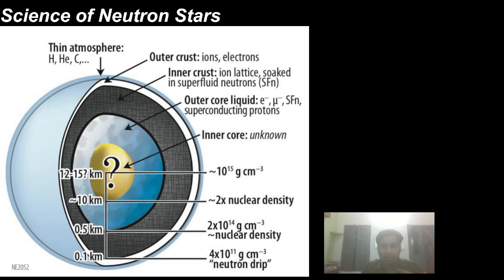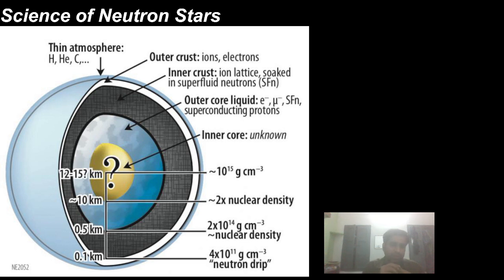Now when we move to the radius of 10 kilometer to 15 kilometer inside a neutron star, there is a superfluid inner core, and the nature of this superfluid inner core is not clearly known yet.